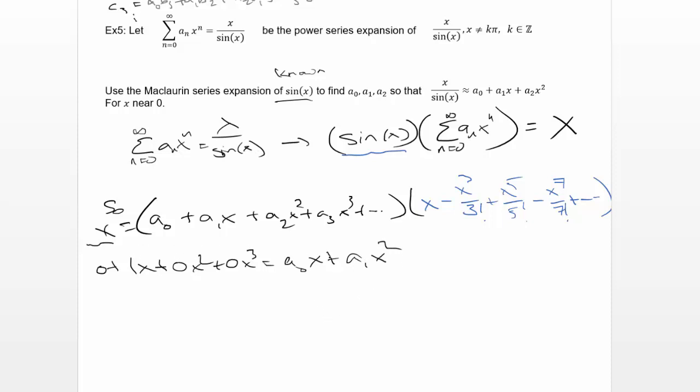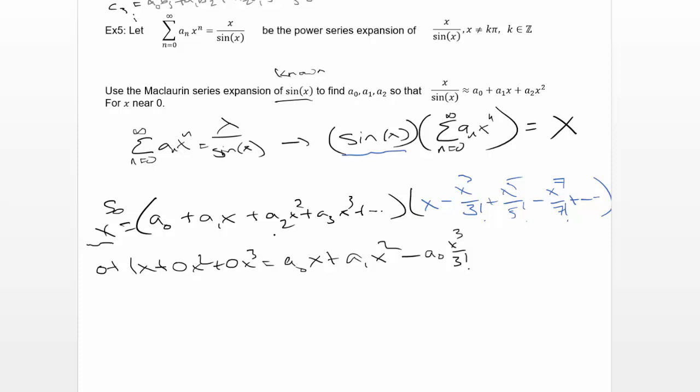To get an x cubed term, let's see, how could I do that? I could take the a naught and multiply it to this term that's got an x cubed in it. Are there any other ways I could get an x cubed term? I can't multiply this x to anything over here, that'll give me an even power.